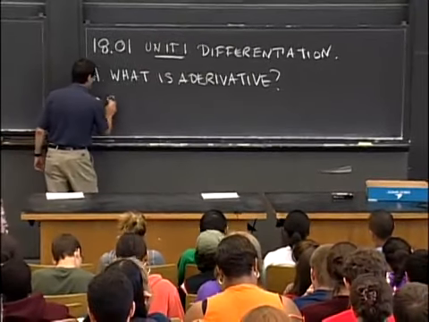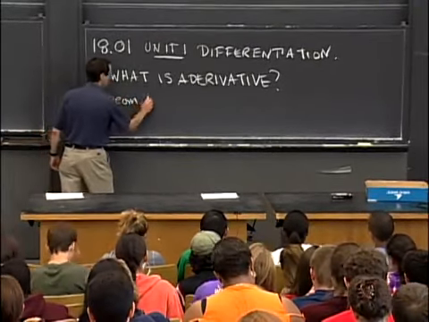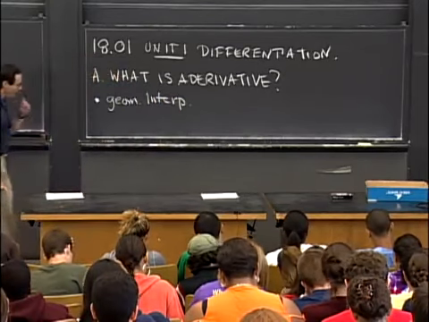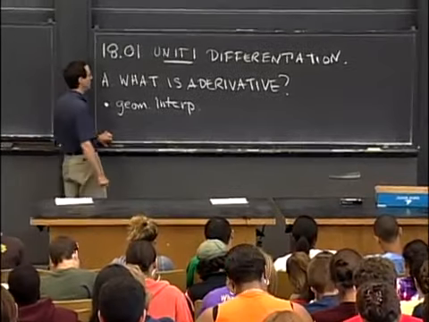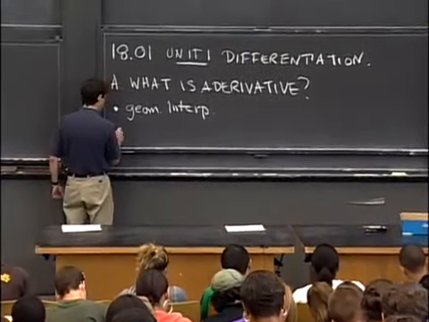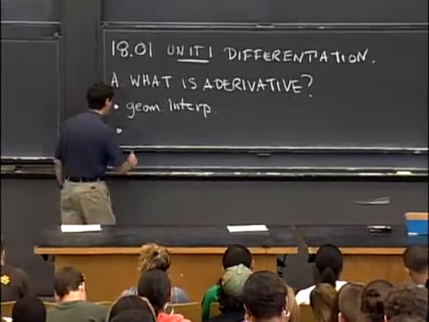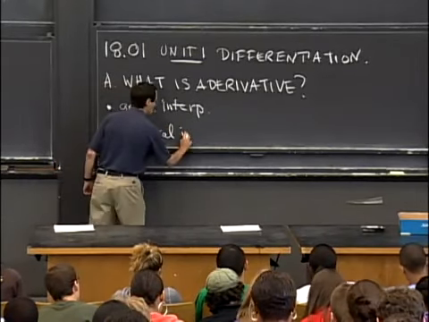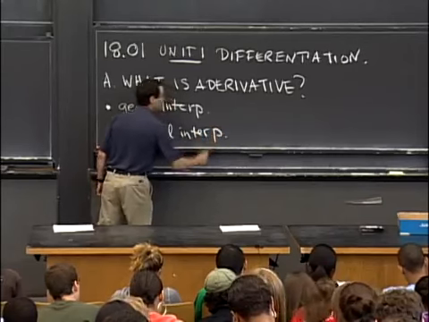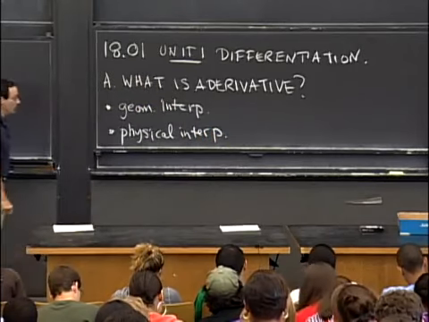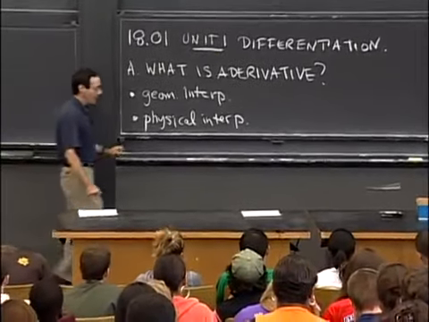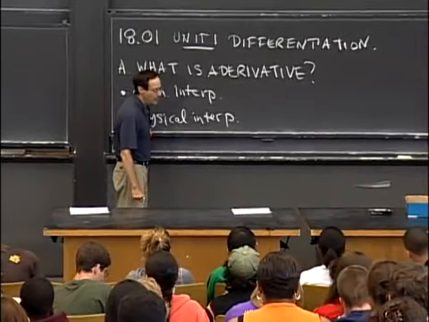The first one is the geometric interpretation, and that's what we'll spend most of today on. And then we'll also talk about a physical interpretation of what a derivative is.